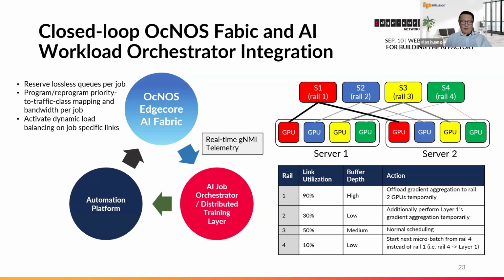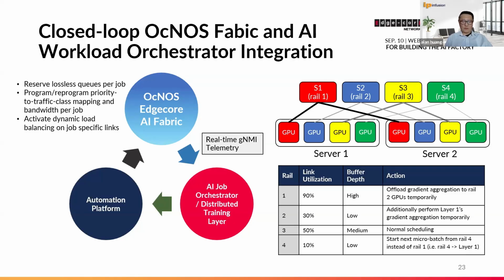And at the cluster level, the AI job orchestrator also plays a key role in this whole integration, in that it can leverage the network load distribution insights from telemetry to drive OcNOS, Edgecore AI fabric switch configuration changes.